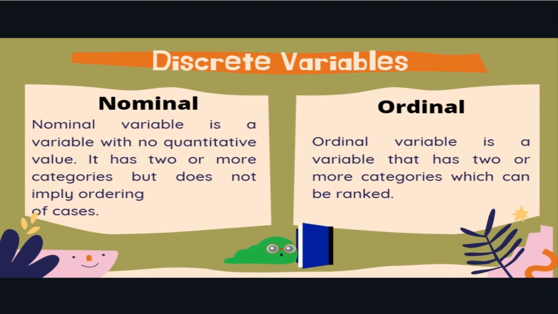Discrete variables can be further categorized as nominal and ordinal. Nominal variable is a variable with no quantitative value. It has two or more categories but does not imply ordering of cases. On the other hand, ordinal variable is a variable that has two or more categories which can be ranked.